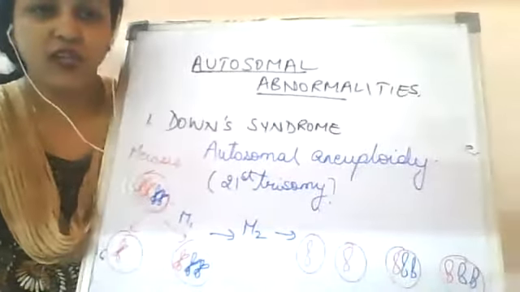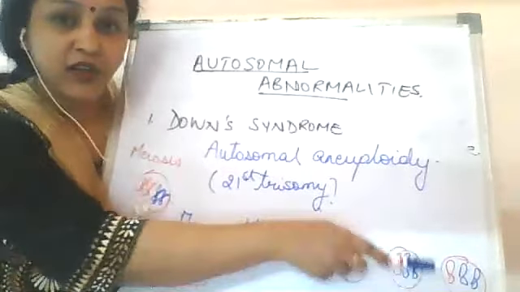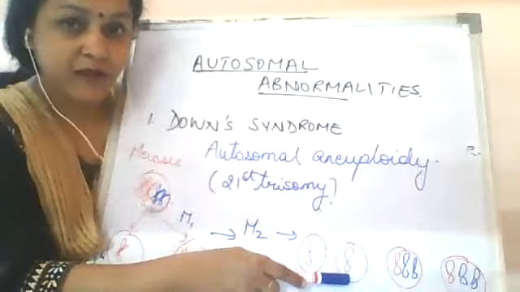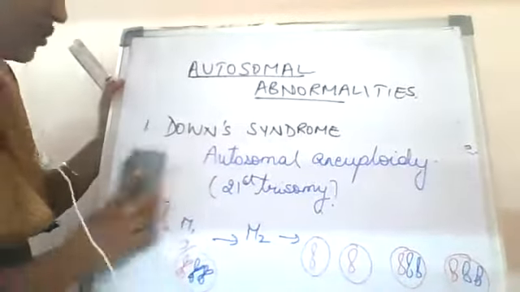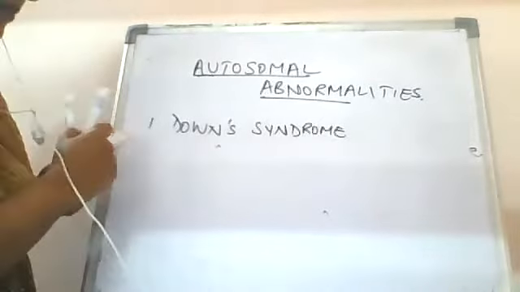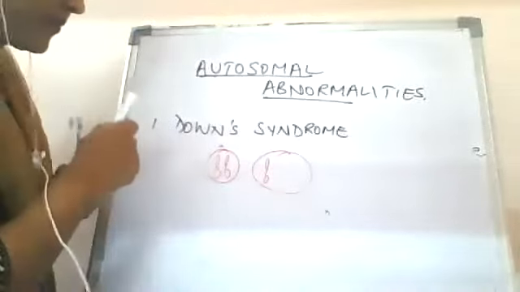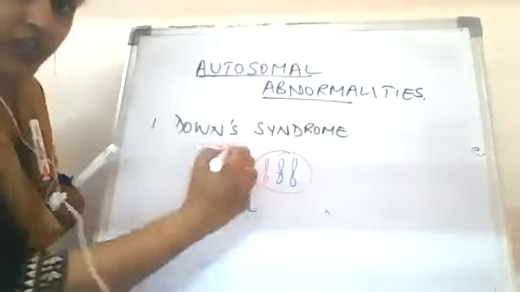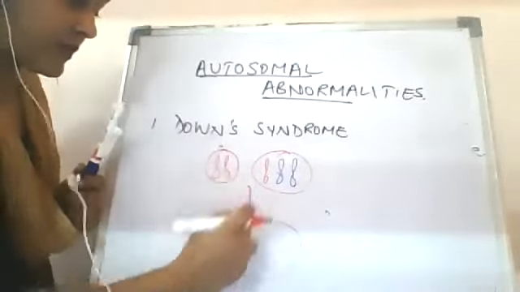The cells formed after meiosis will be of these four types. Now suppose this gamete fuses with a normal gamete. What will be the condition in the offspring?